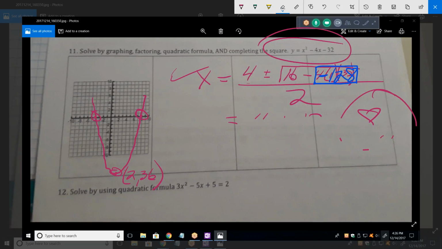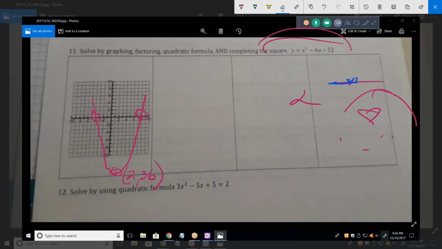We really couldn't graph it until we did this other stuff first, unless they wanted you to use your calculator to graph it, and I don't think they did. So once I completed the square, that gave me the vertex. Once I factored it, or applied the quadratic formula, that gave me the 2 zeros. Once I have the vertex and the 2 zeros, then I can graph.